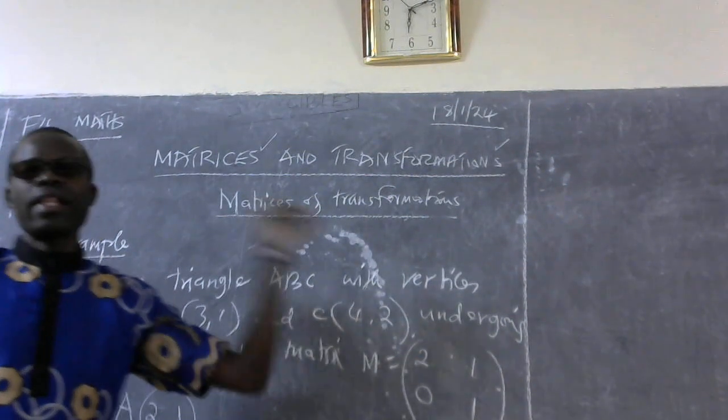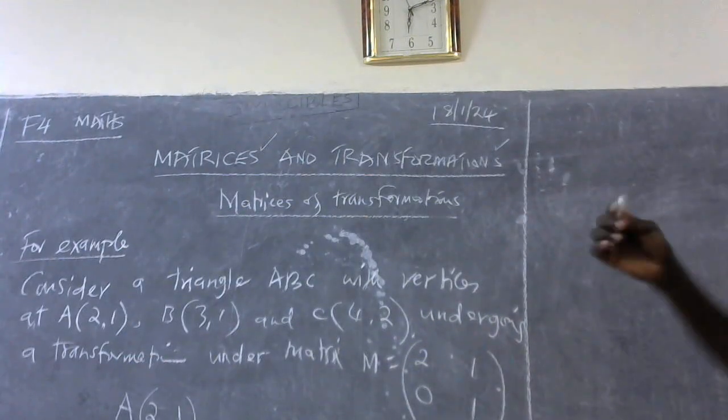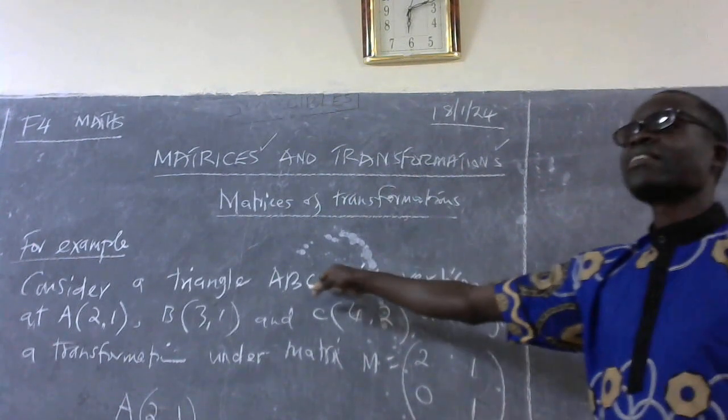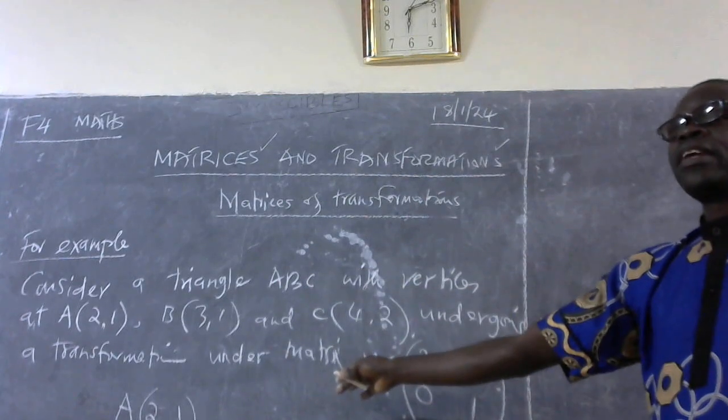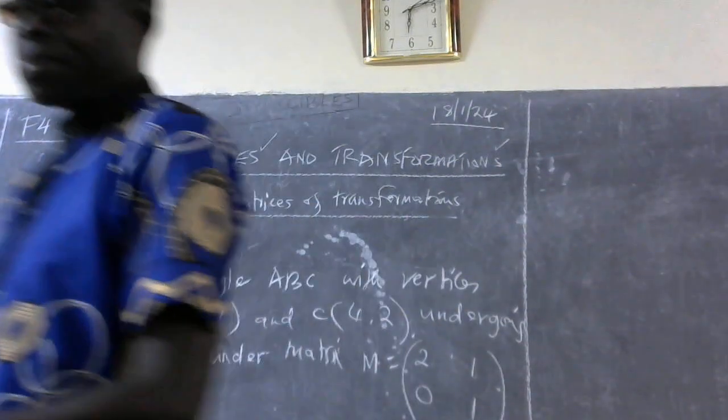So what do we do in that order? I should write it here, but if I write it here, it will not be visible. Can I rub out this part and work on this? Have you taken down the question? Okay, take down the question so that I can rub this part and use it.